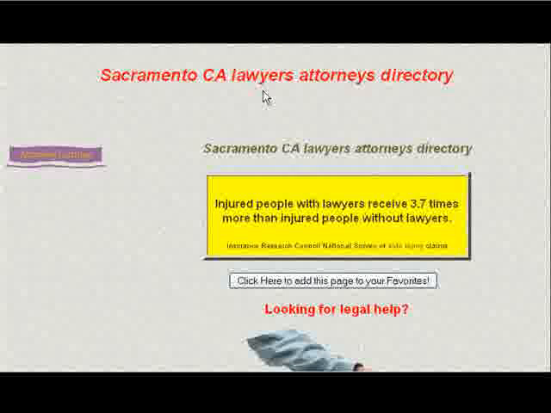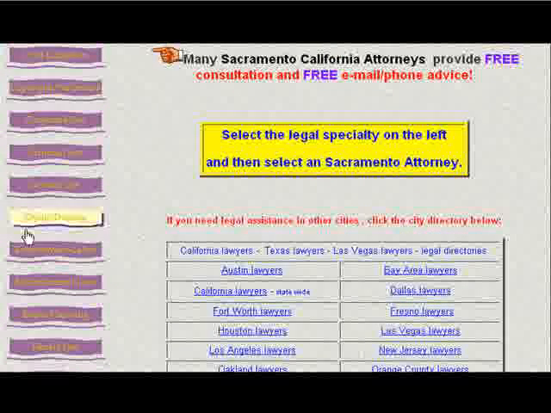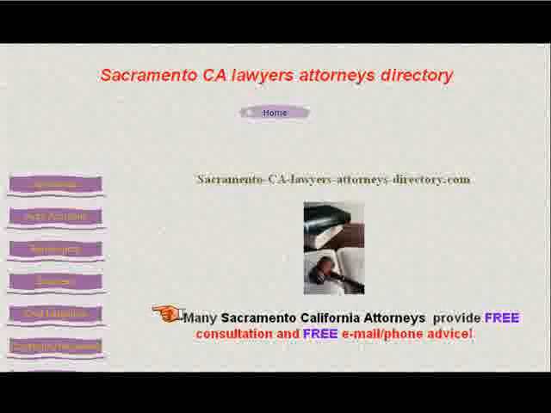So let's take a look at our Sacramento site here, and the way this works is if people were interested in a lawyer, they'd click over here, and then they would see a list on the left side here of various legal specialties in Sacramento, and be able to pick the type of lawyer to help them the best. So you can advertise under one of those specialties, and hopefully you get some business.